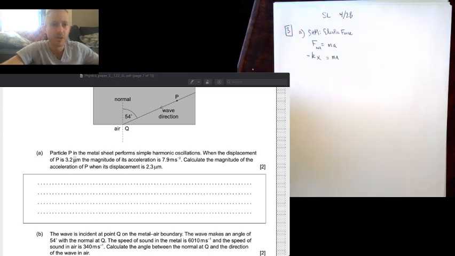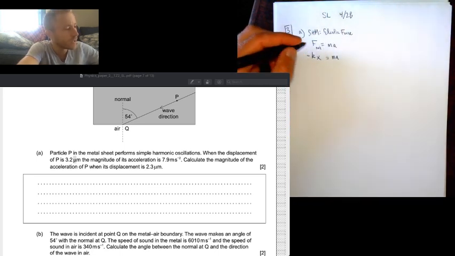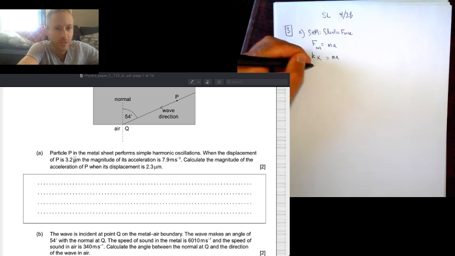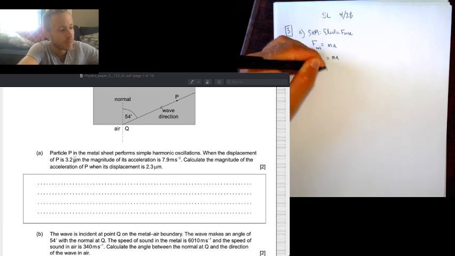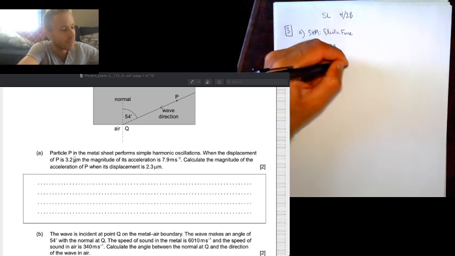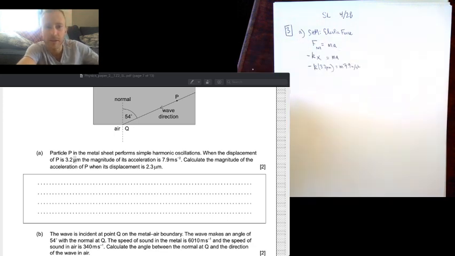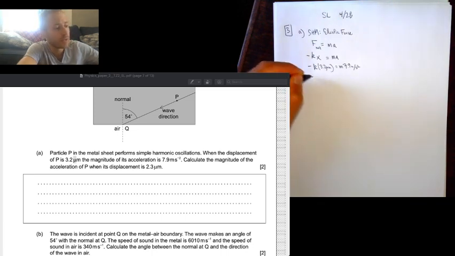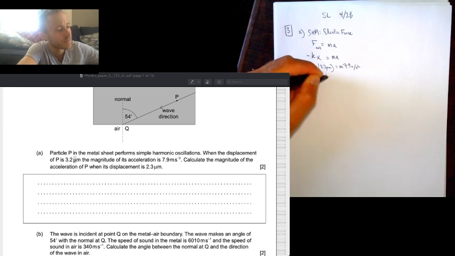All right, the second sentence says that when the displacement is 3.2 micrometers, so x is equal to 3.2 micrometers, the acceleration is 7.9 meters per second squared. Then for the next part, when the displacement is 2.3 micrometers, what is the acceleration?